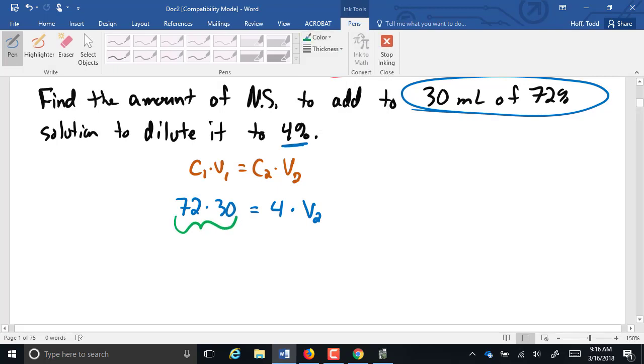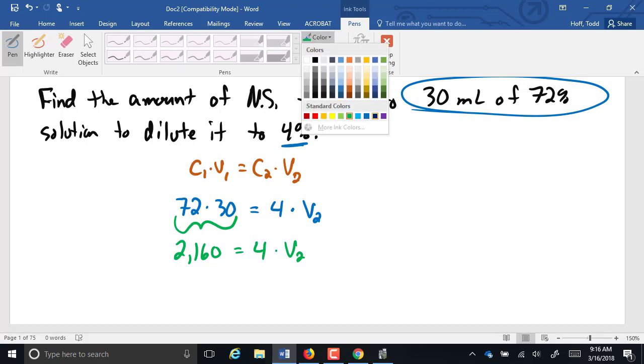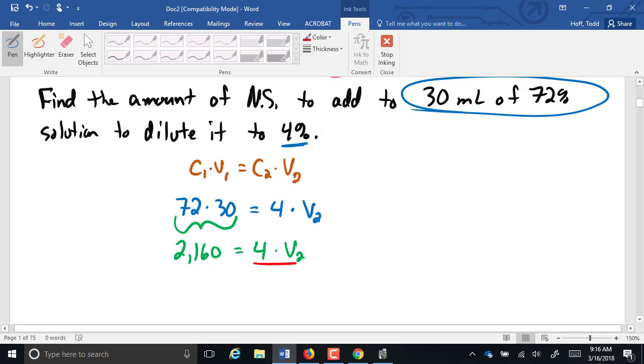So 72 times 30 is 2,160 equals 4 times V2. And we will divide that by 4 to get 540 is V2. So 540 milliliters is not our answer. That's our total volume.